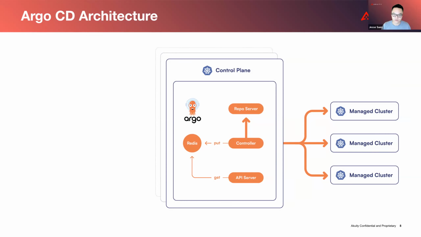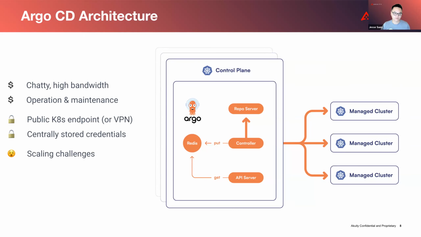One thing to note is that it has this controller component, and this controller makes an outbound connection to all of these managed clusters that it needs to manage. But this design has some challenges, especially as you increase your usage. One thing to know about Argo CD is that it's really chatty.